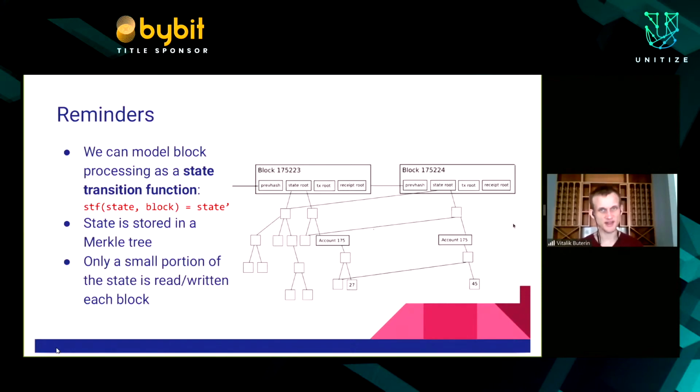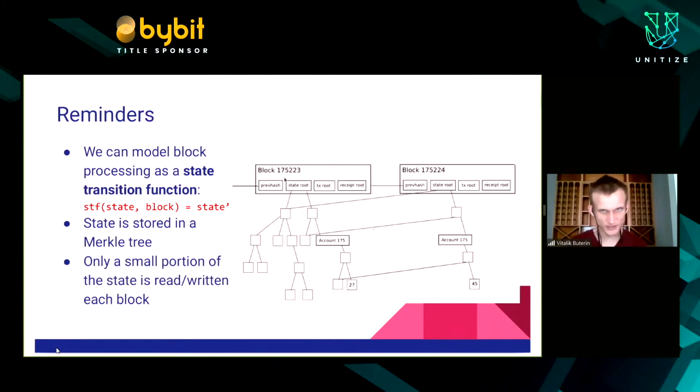In the Ethereum case, the state is stored in a Merkle tree. Specifically, it's stored in what we call a hexary Merkle Patricia tree, and the root hash of the state is stored, and this is a 32-byte hash of this entire data structure that contains all of the accounts, all of the storage keys. The root of this is basically stored inside of the block header, right?